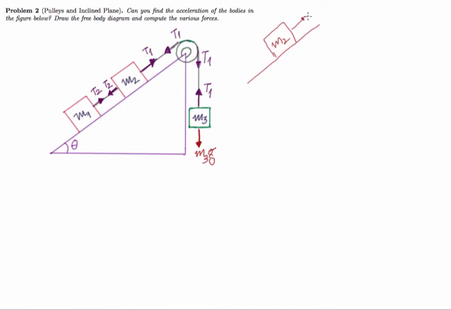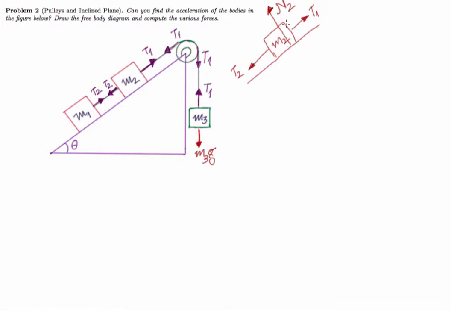It has a force T1 in this direction, a force T2 in this direction. The normal will act on M2 perpendicular. The word normal is used for perpendicular. So the force will act like this. Call it N2 to just rhyme it with M2.